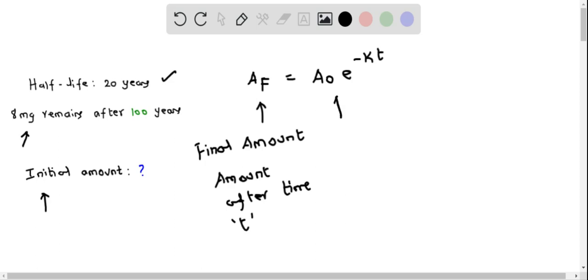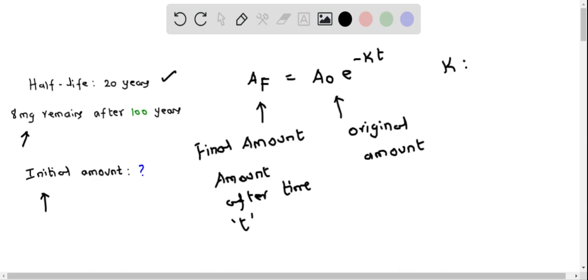And A naught is the initial or the original amount. And k is the growth or the decay rate.